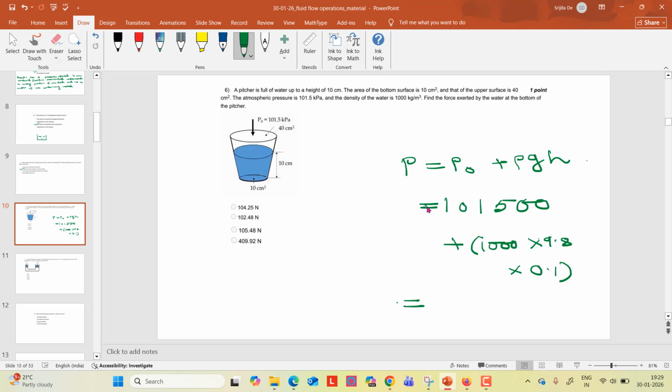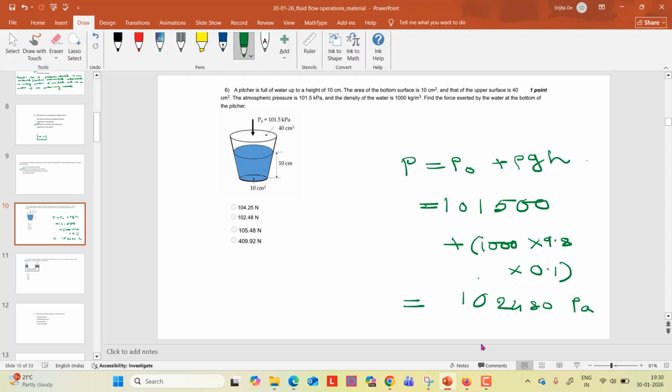So what is the pressure now? Calculate. So this is 102480 Pascal. It's a very simple problem.